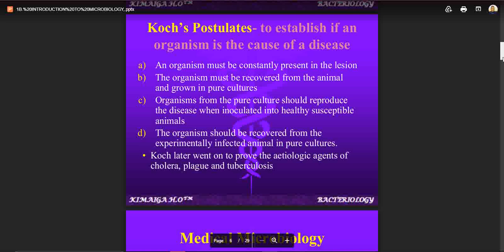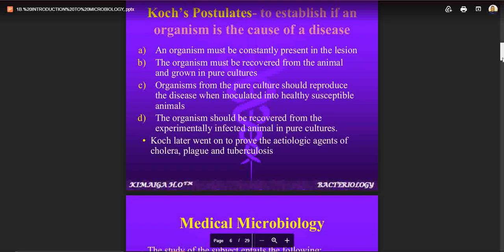Then the organism from the pure culture should produce the disease when inoculated into healthy susceptible animals. So this organism that was removed from the animal and grown in pure culture can be taken back to the animals and produce the same disease as it produced before.